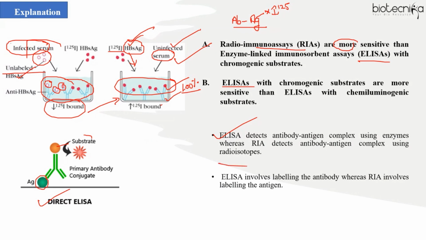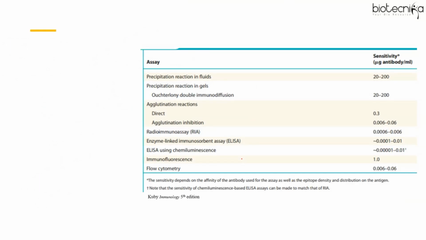But in RIA, we use radioisotope, right? So what is the meaning of sensitivity? If a technique is sensitive, it means that it can detect a very low quantity of your antigen in the sample, or whatever you are looking for, your analyte.